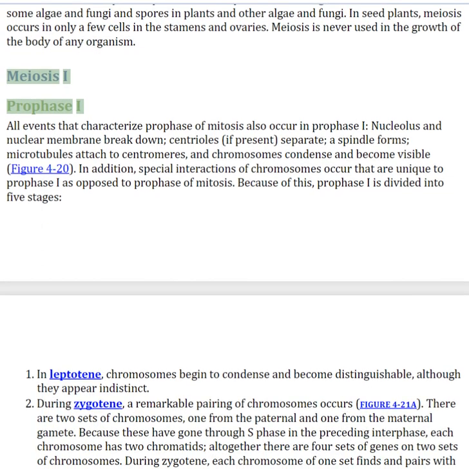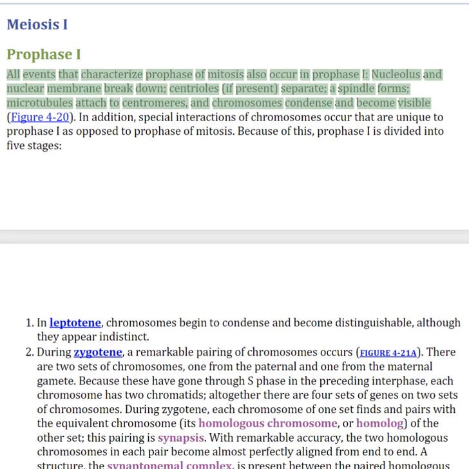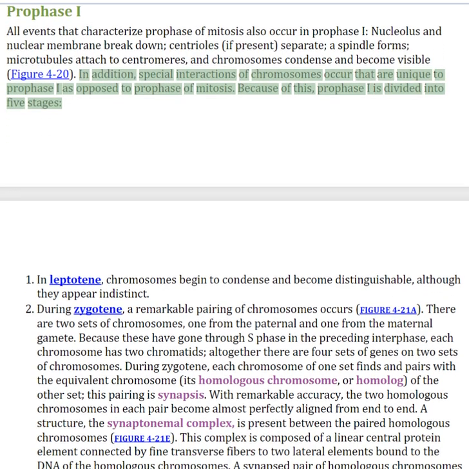Meiosis I, Prophase I. All events that characterize prophase of mitosis also occur in prophase I. Nucleolus and nuclear membrane break down, centrioles separate, a spindle forms, microtubules attach to centromeres, and chromosomes condense and become visible. In addition, special interactions of chromosomes occur that are unique to prophase I as opposed to prophase of mitosis. Because of this, prophase I is divided into 5 stages.